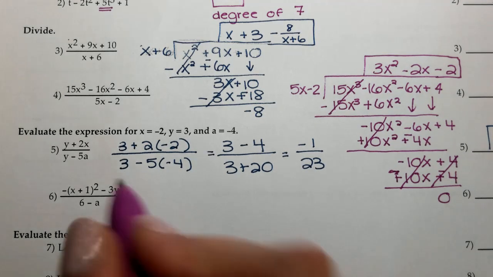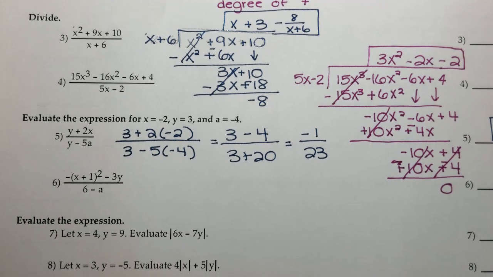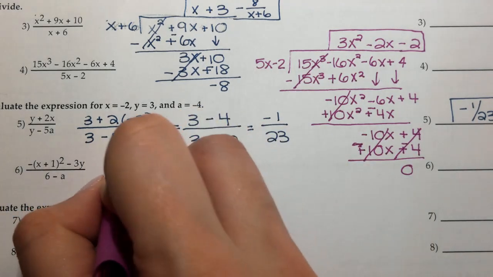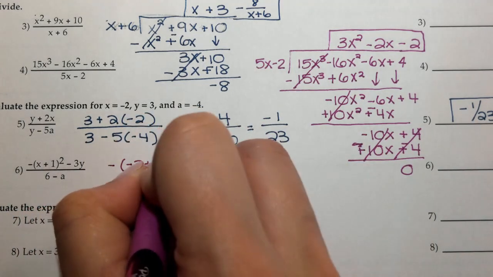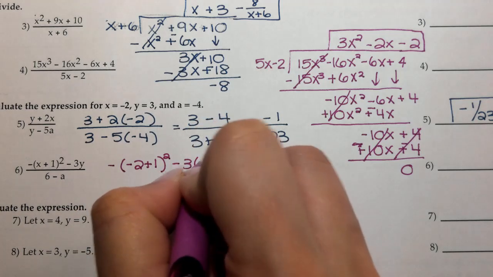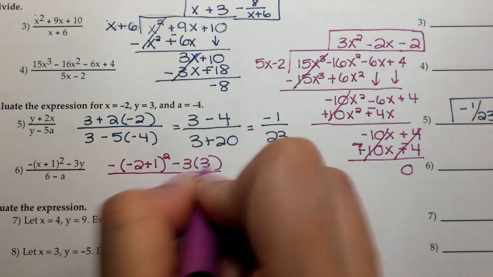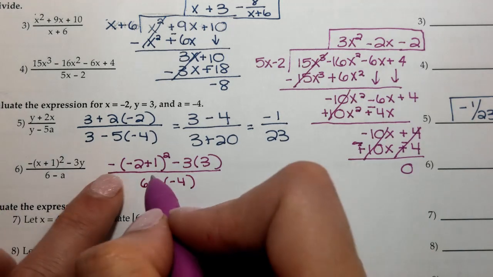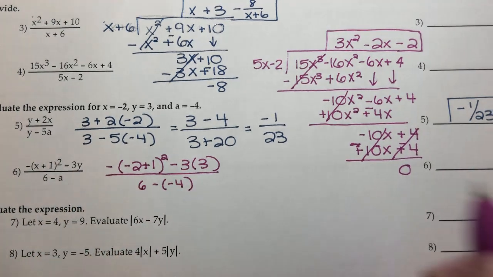Okay. So for this next one, when we're going through and we're substituting, instead of x, we have negative 2 plus 1 squared minus 3 times 3 over 6 minus a negative 4. So you're going to simplify what's in the parentheses first.